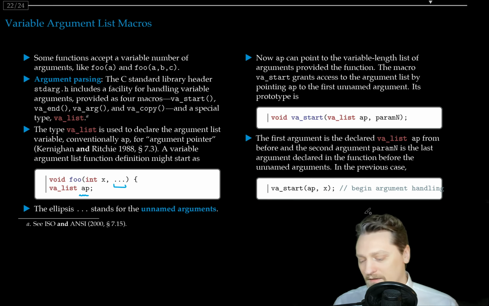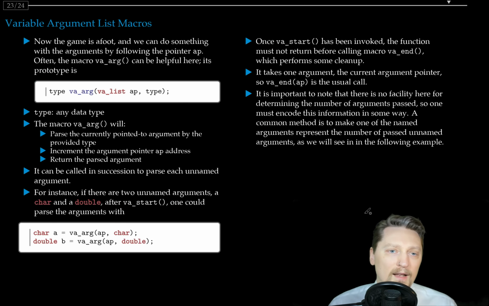Okay, let's see how to use that now. Now the game is afoot, and we can do something similar with the arguments by following the pointer AP. Often the macro va_arg can be helpful here. Its prototype is return_type va_arg(va_list ap, type).